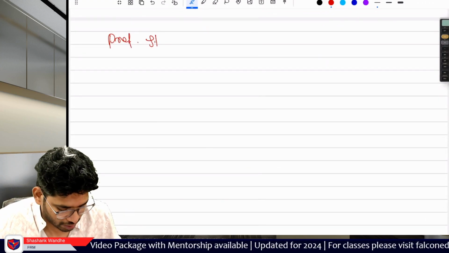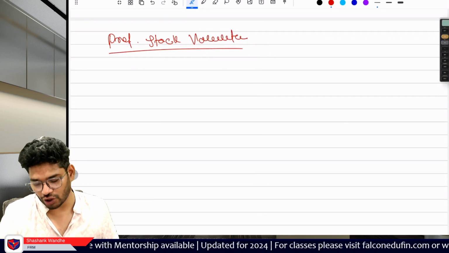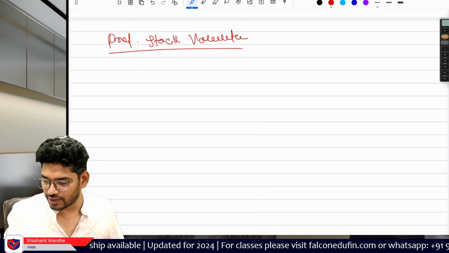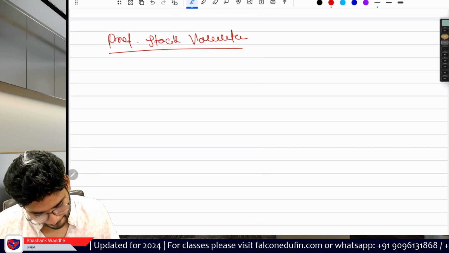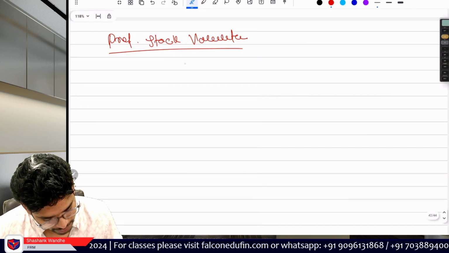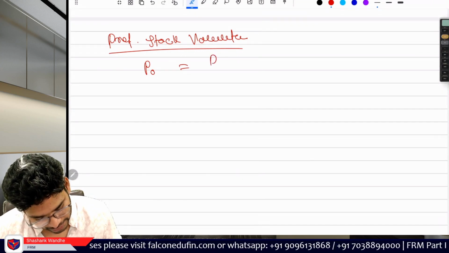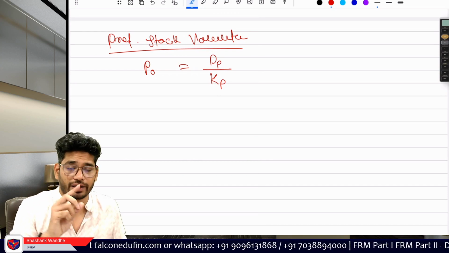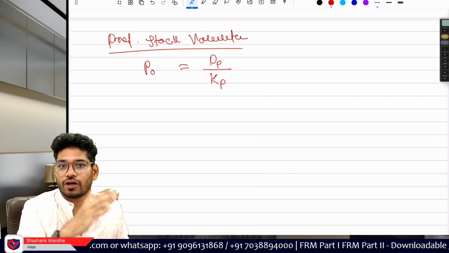Now the preferred stock valuation. Preferred stock valuation is very simple. Here, assuming non-retiring preferred stock, the dividend payment is fixed. So the formula is P0 is equal to the dividend on preferred stock divided by the required rate of return of preferred, KP. Remember, KE stands for equity, so cost of equity.